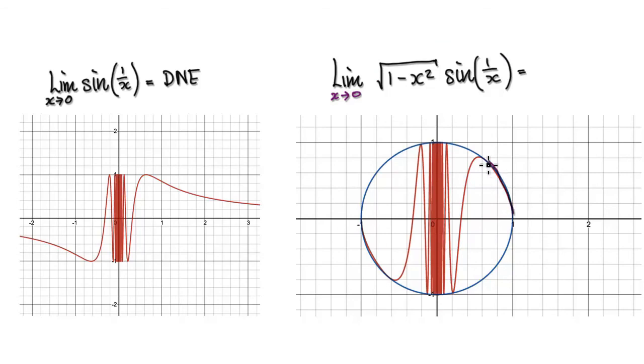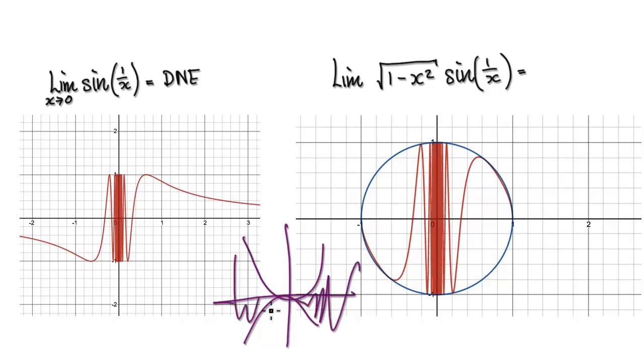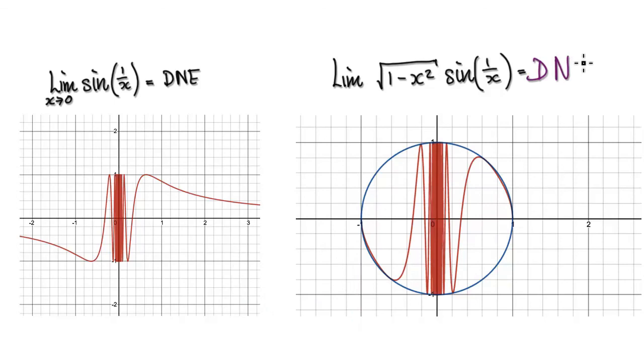We don't know where it's heading towards, because as you head towards the origin, it squiggles back and forth, and if you approach it from the left hand side, it squiggles back and forth, and it could cross over here, it could cross down here, it could cross anywhere. We are unsure. It's unlike x squared, which is being funneled through one particular point. Here it's not being funneled. It could cross over anywhere along here, so we have to say the limit here does not exist.